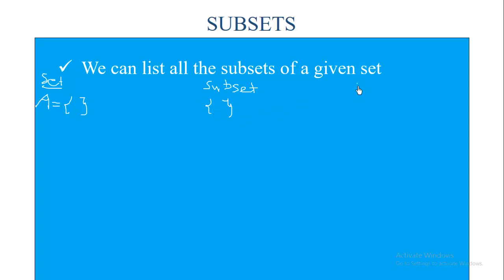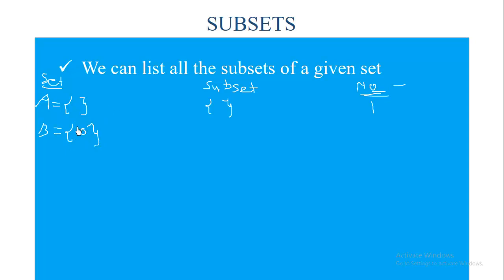Then the number of subsets is 1. So the number of subsets over here is 1. Then we have another set B and it has only one element, 0.